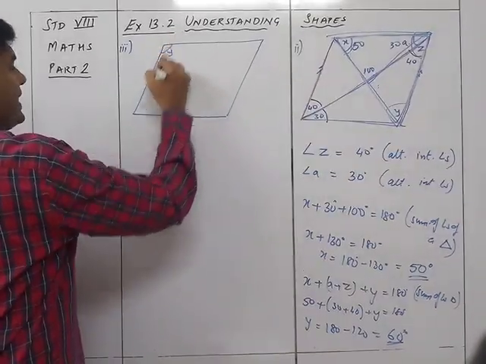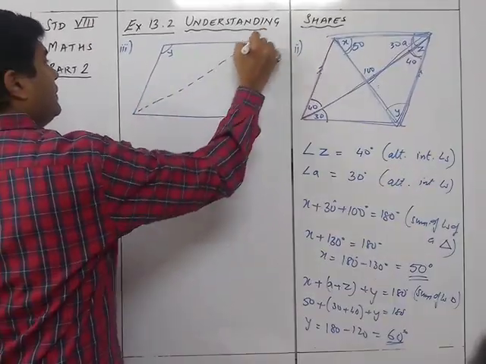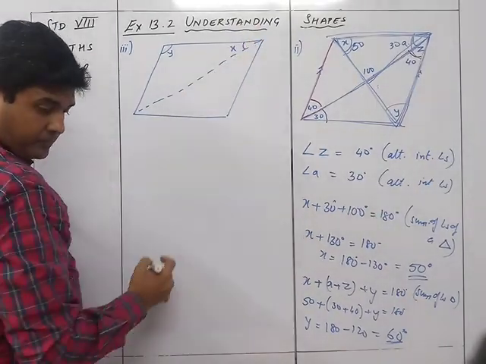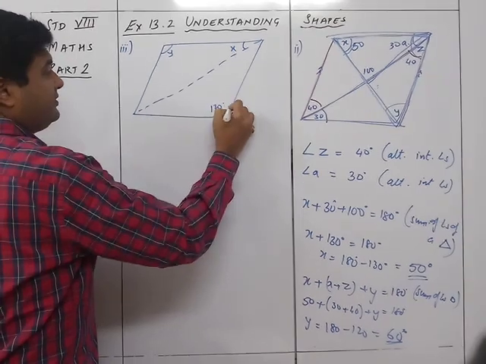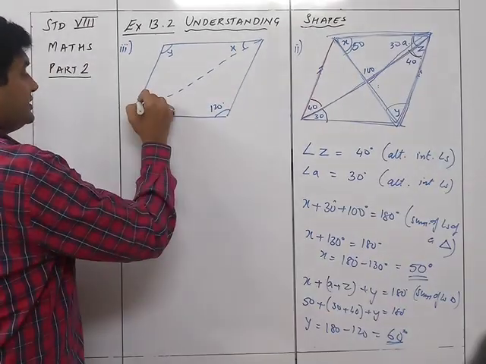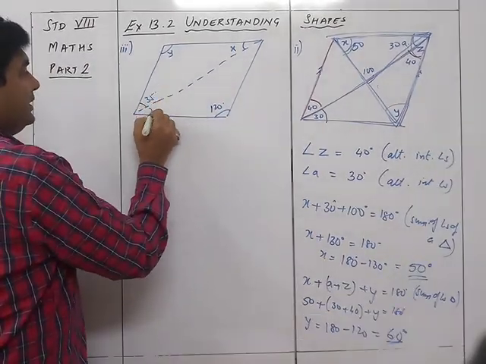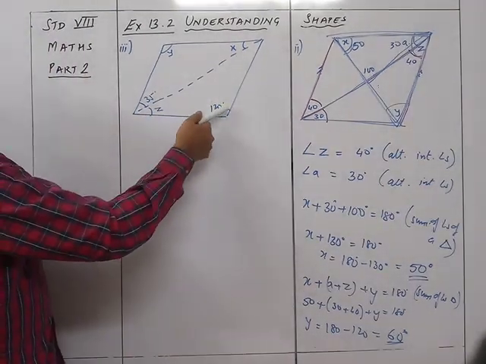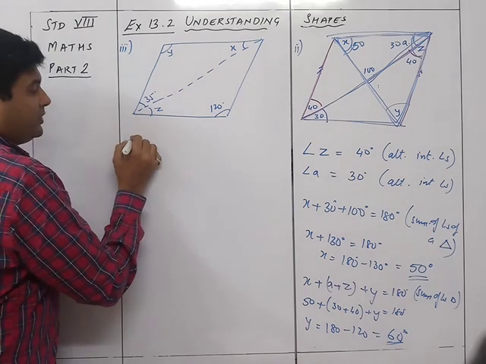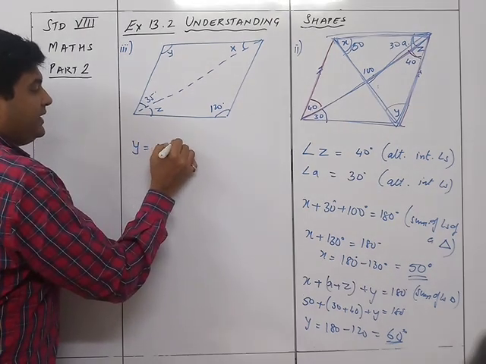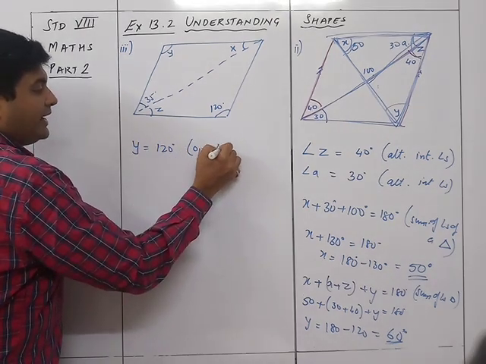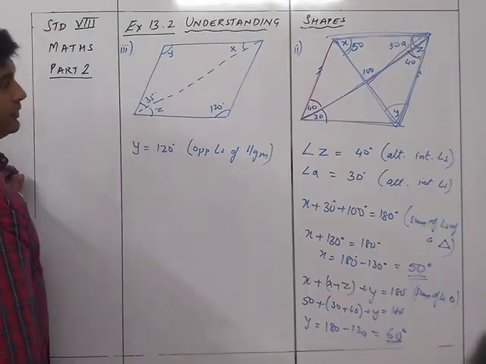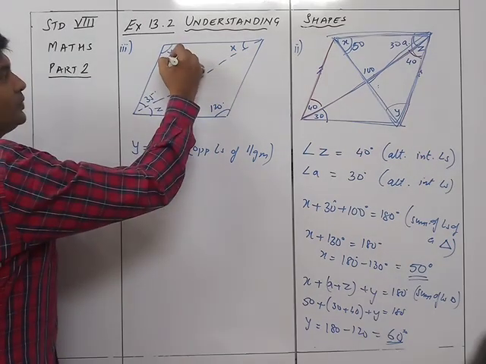Right, so this is y. They give me this as x, this is 120 degrees, this is 35 degrees, and this is z. Very easy, ये 120 तो ये 120, opposite angles. y is equal to 120 degrees, opposite angles of parallelogram are equal. So this is 120.